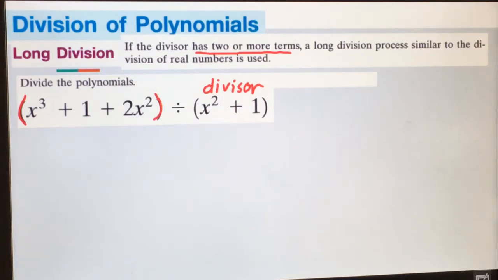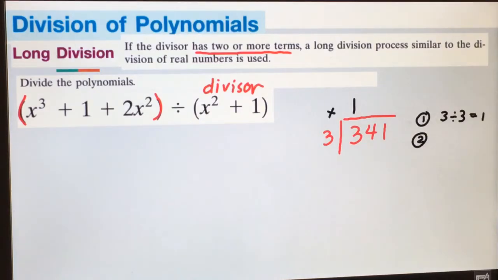So just a quick recap. If we are to divide, let's say, 341 by 3, the long division process involves first dividing 3 by 3, and that gives us 1. We write the quotient on top, right on top of 3. The next step is multiplying 1 times 3.